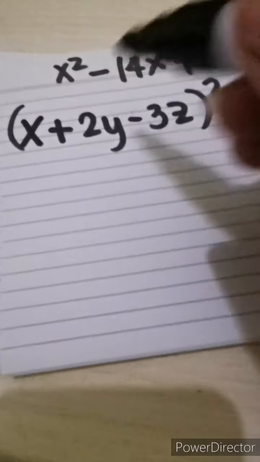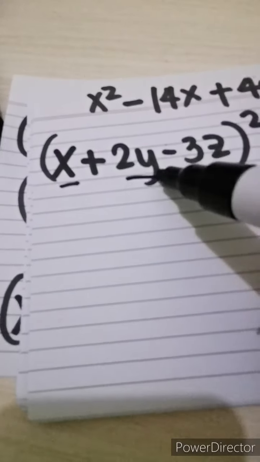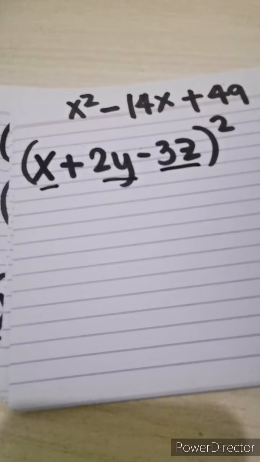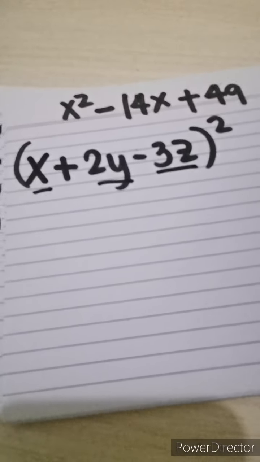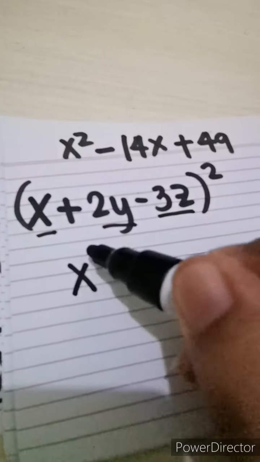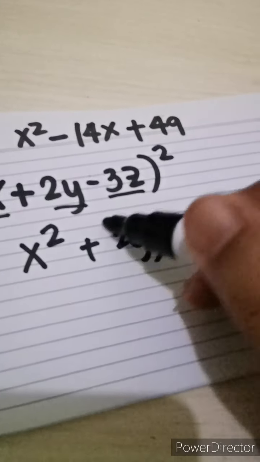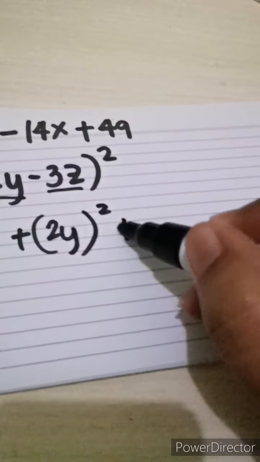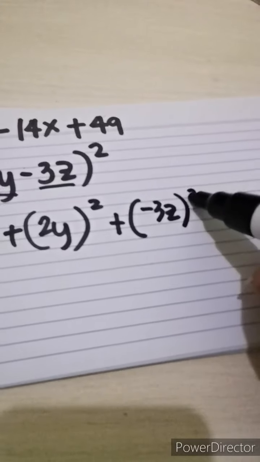This is x, our first term, 2y is our second term, and negative 3z is our third term. So we square all of them: x squared for the first term, then 2y squared, then negative 3z squared.